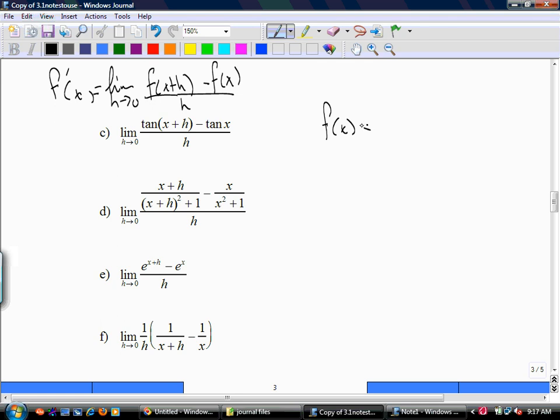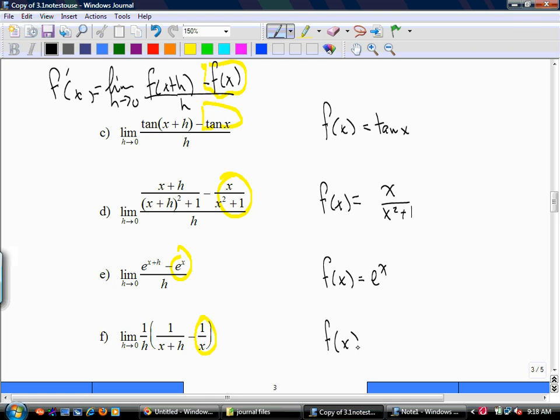Tan x. Yep, you can just look at the second term. There it is right there. X over x squared plus 1. E to the x. 1 over x.